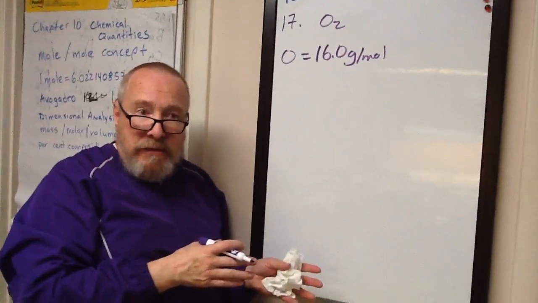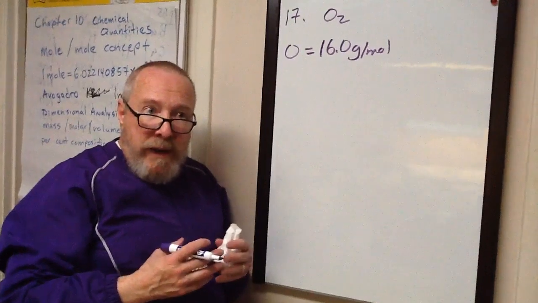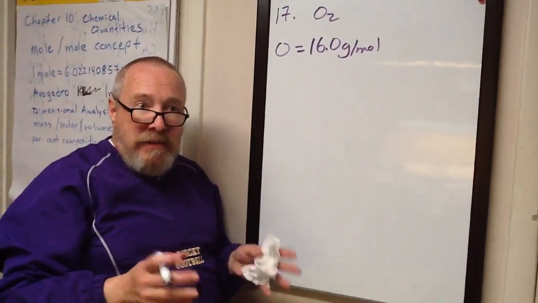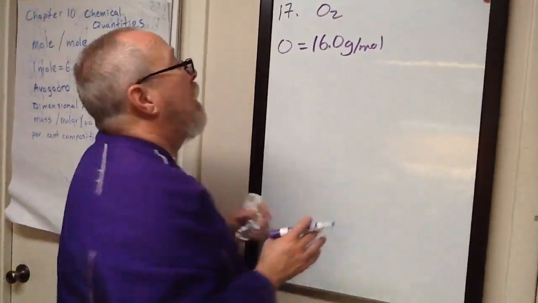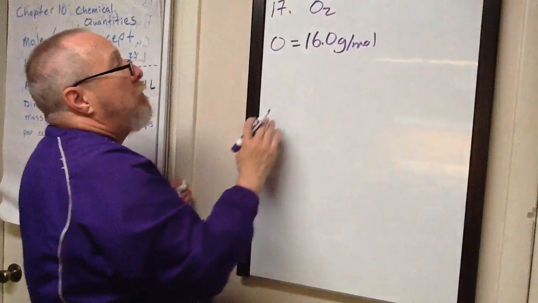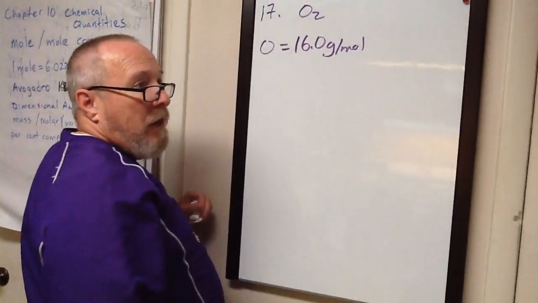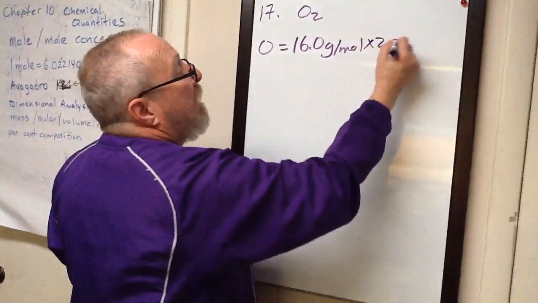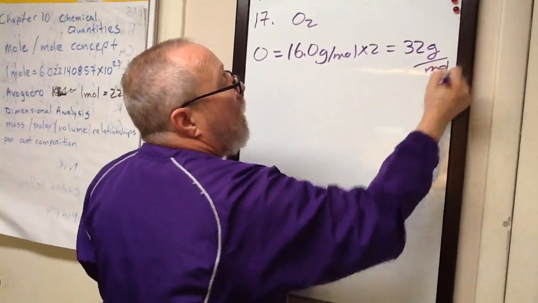It wants to have 8, right? And so it shares 2 pair with another oxygen, so that each of them that had 6 before now has 8. And so we form O2, molecular oxygen, atmospheric oxygen, the form we breathe. And it has a molar mass of 32 grams per mole.